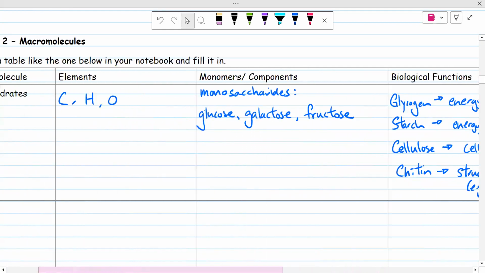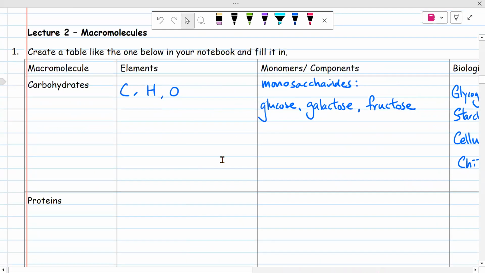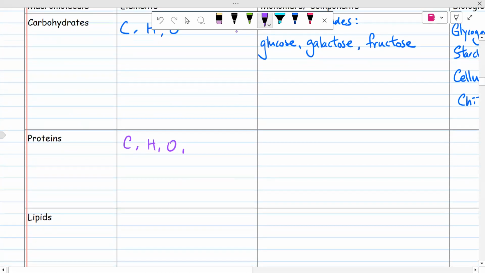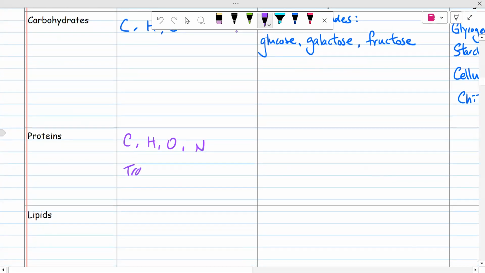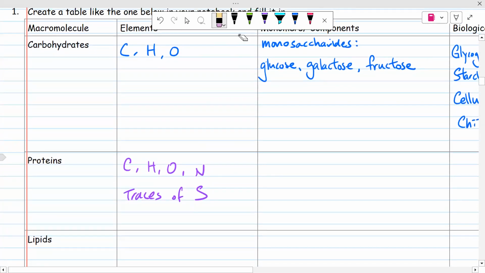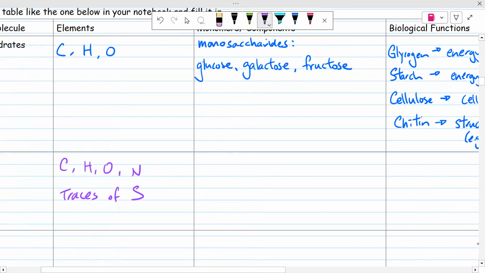All right. Proteins, what do we have? Yeah, CHO, and then what else? And traces of sulfur, right? A little bit of sulfur. The monomer is amino acid.